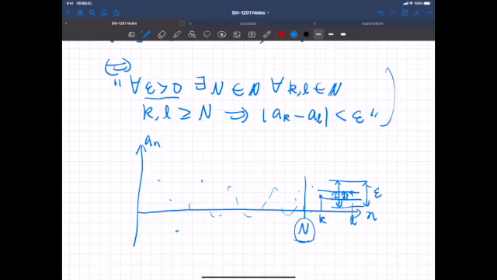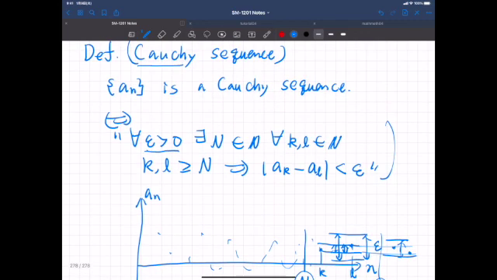So if you take a little bit smaller epsilon, let's say this much, then if you take a larger value of N, then again the difference between any two elements beyond that value is always less than epsilon. If you can always choose something like this, then this sequence is said to be Cauchy. Okay, this concept is important for reasons we will show in later theorems.